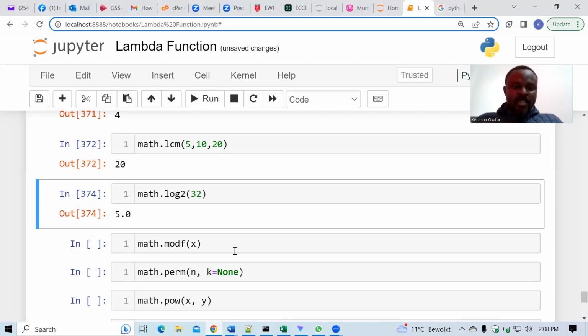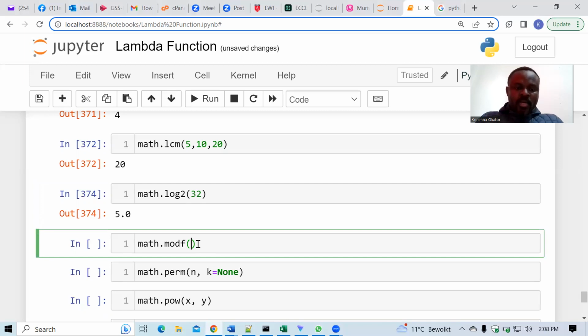Let's have a look at it, guys. So I have 34.67, right? So calling the modf, I would have the 34 as the integer part and 0.67 and so on, so that's the fractional part. And the two parts will be contained in a tuple.